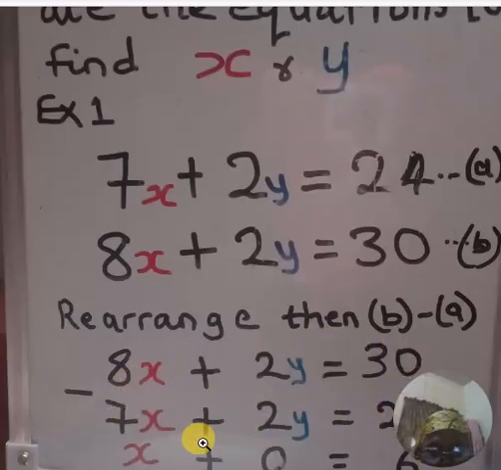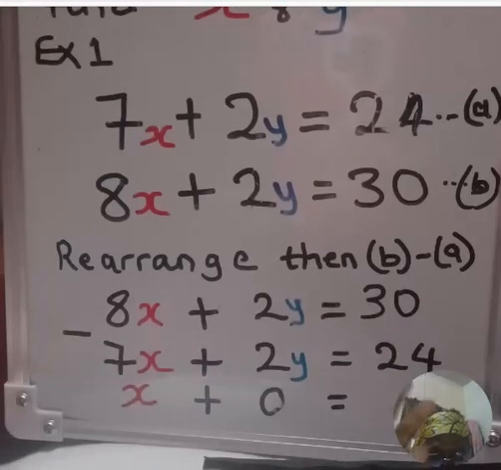Let's take the equation up here minus the one at the bottom. And you will find that 8x minus 7x will give us 1x. 2y minus 2y is 0. This minus here means that equation B up here is subtracting equation A, so we subtract all the way through.